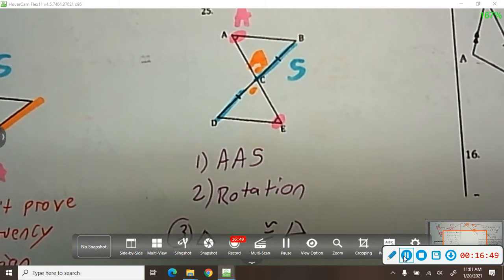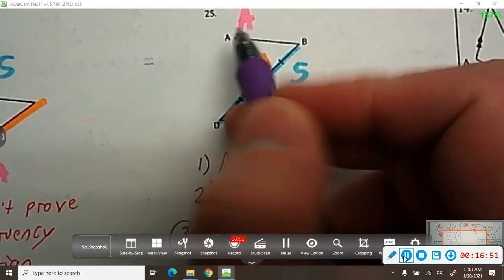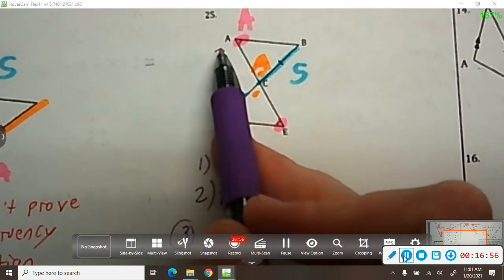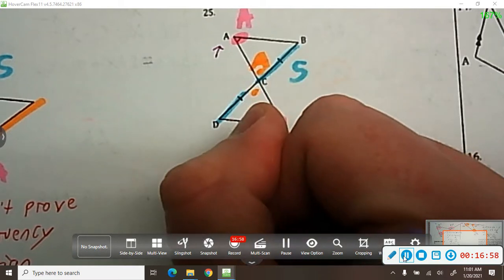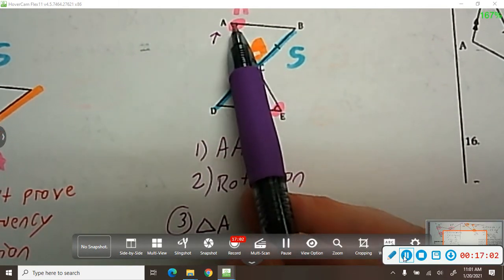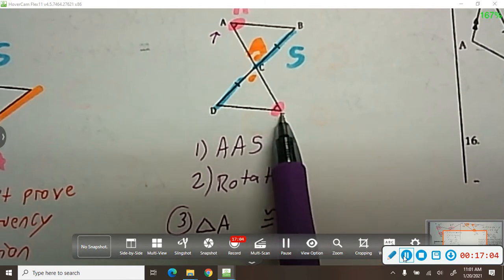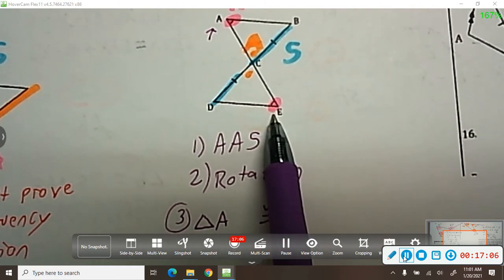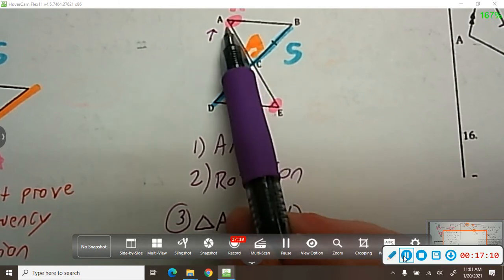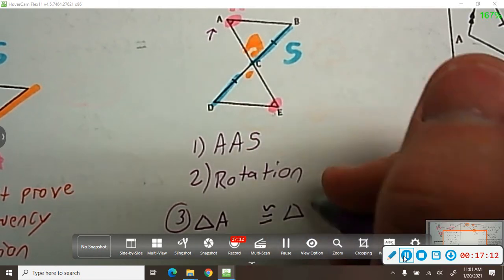So let's say I decided to start at A, which is this A, not to be confused with A, the angle. If I start at A, then when I write my congruency statement, I have to make sure on the second triangle that it's in the same spot. So if I start A, I need to start with E. Why? Because those angles are congruent. So this has to be triangle E.